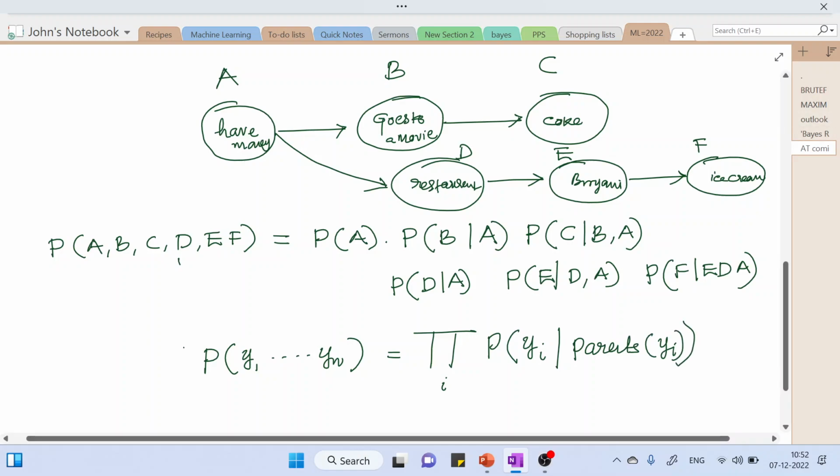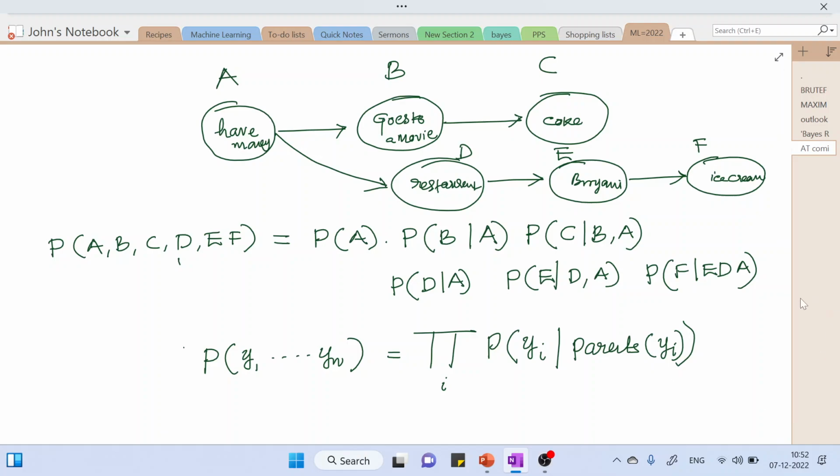Here, goes to a movie has a parent. Coke has a parent. Goes to restaurant has a parent. Eating biryani has a parent. Eating ice cream has a parent. But have money? No parent.